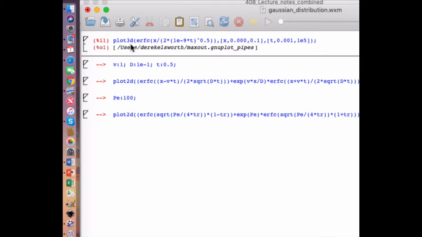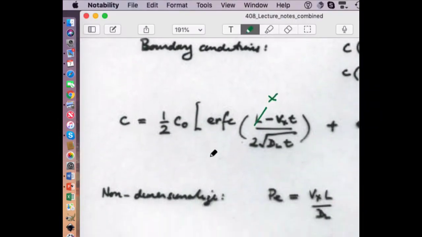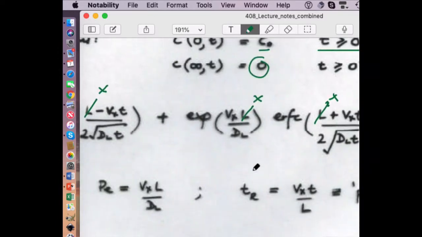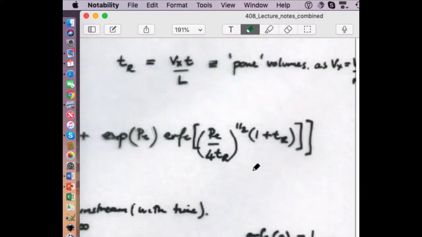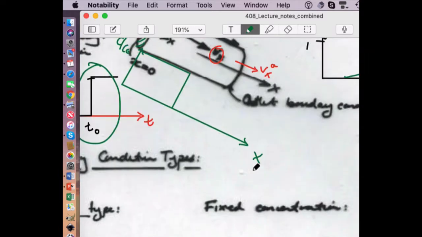So what we're doing is we're plotting this relationship. So this is the complementary error function, so-called, erfc. It's just a coefficient. It's written down here as to what it is somewhere. Maybe it is. I don't know. Did I write it somewhere? I guess I didn't. Maybe it's on the previous one.